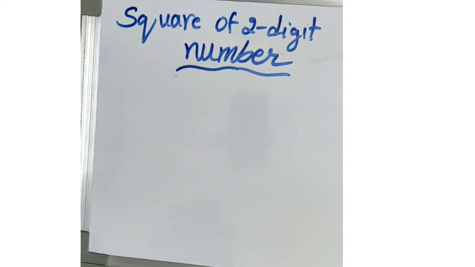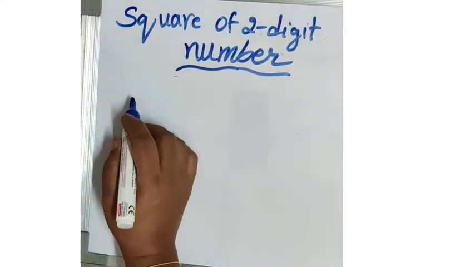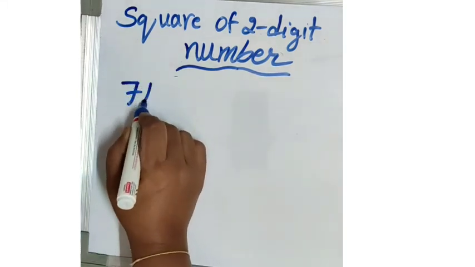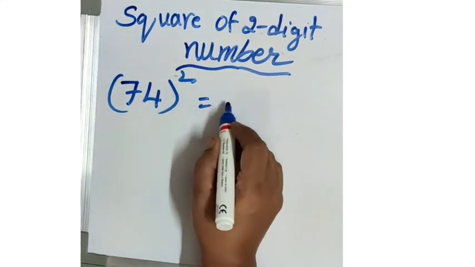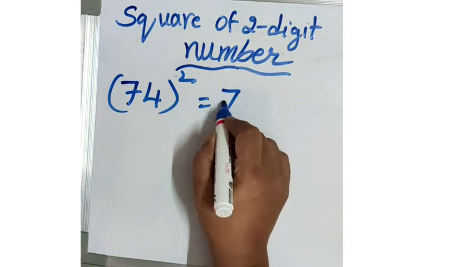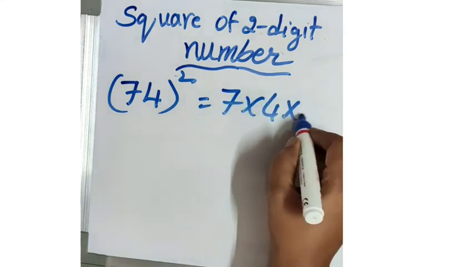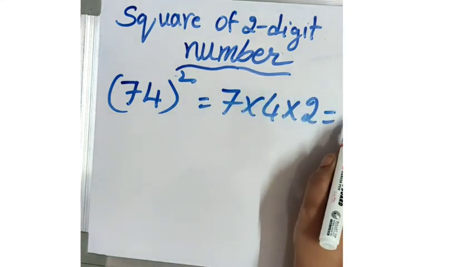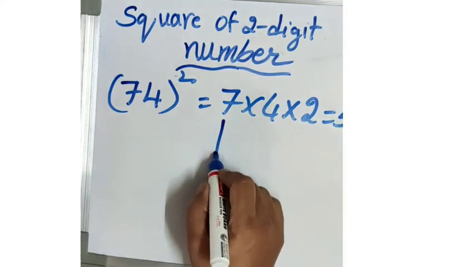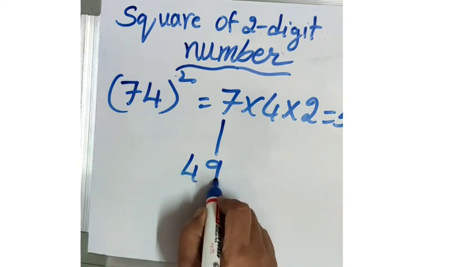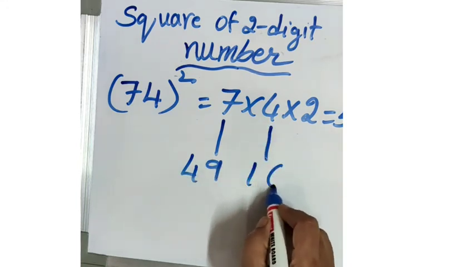Now let us take one more example. You try to find out the square for this number. 74 square. So what you have to write first? 7 into 4 into 2. After multiplying all this we get 56. Now square this number. 7 square 49 and 4 square is 16.